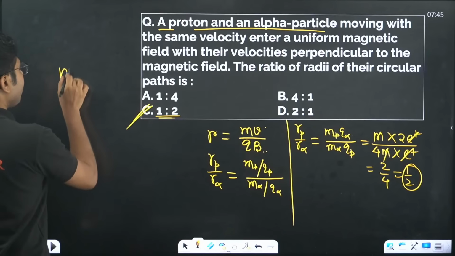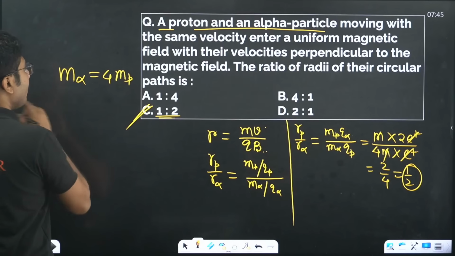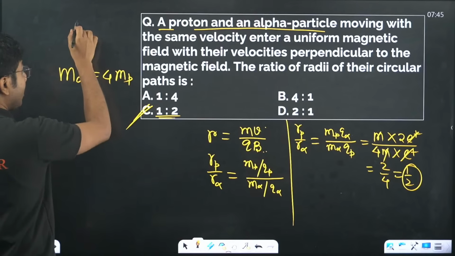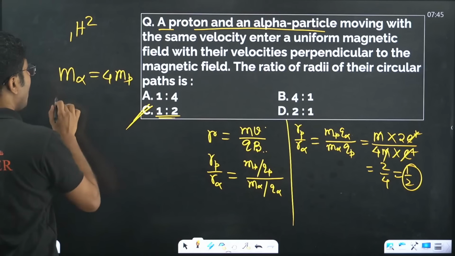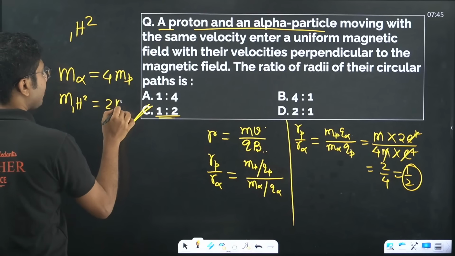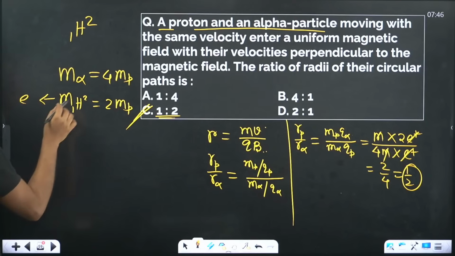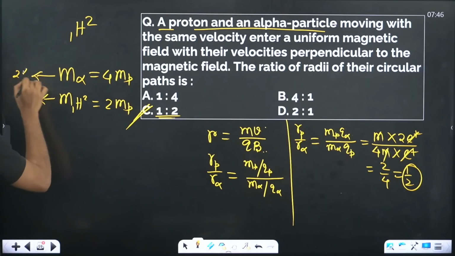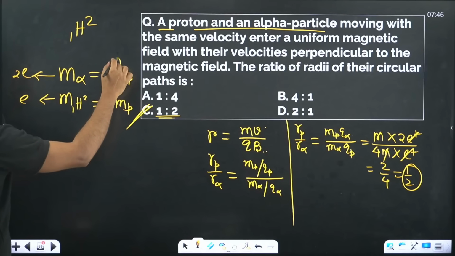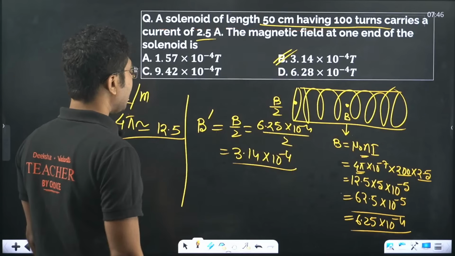So mass of alpha particle is 4 times mass of proton. For deuteron, meaning 1H2, mass is twice that of a proton. Charge of deuteron is e, charge of alpha is 2e, charge of proton is e. Just remember these things and that will be beneficial.